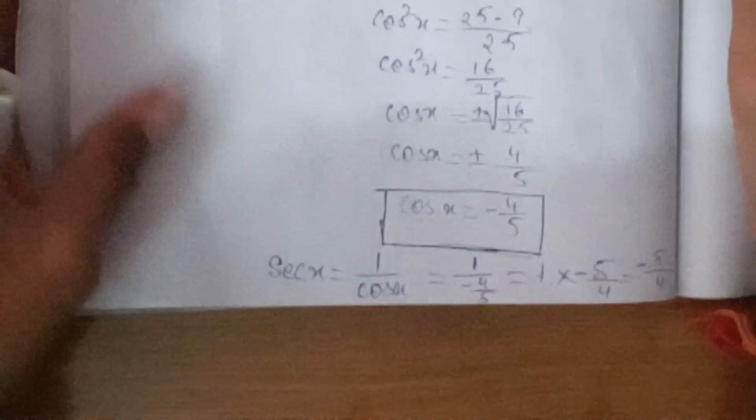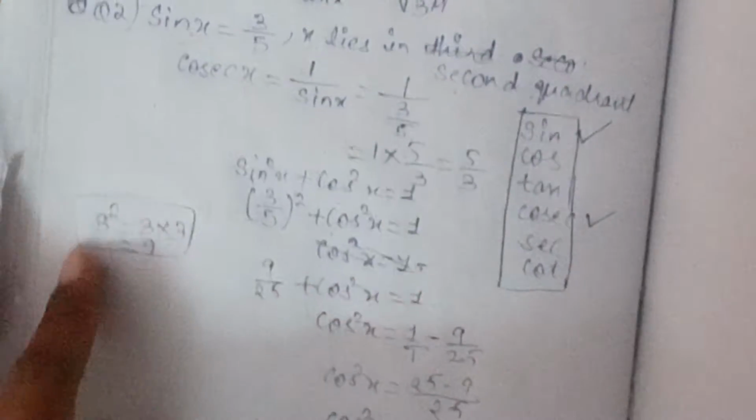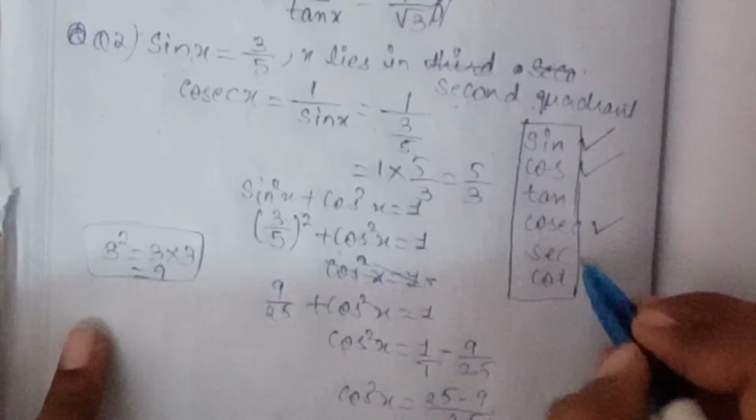This becomes the reciprocal, so 5 by 4 with a minus. So we got the value of cos and we got the value of secant.